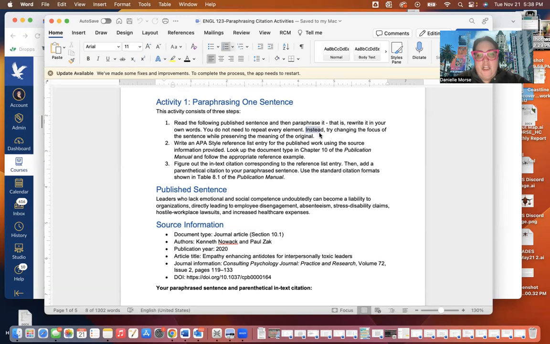And here, try changing the focus of the sentence while preserving the meaning of the original. And that's the key to not only paraphrasing, but also revision a lot of times.